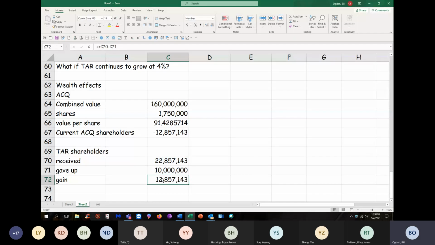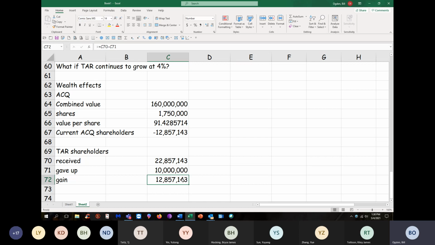And since we had no synergy, what did we just see happen? We transferred $12,857,143 of wealth from the current ACQ shareholders to the new ACQ shareholders, who were the former TAR shareholders.